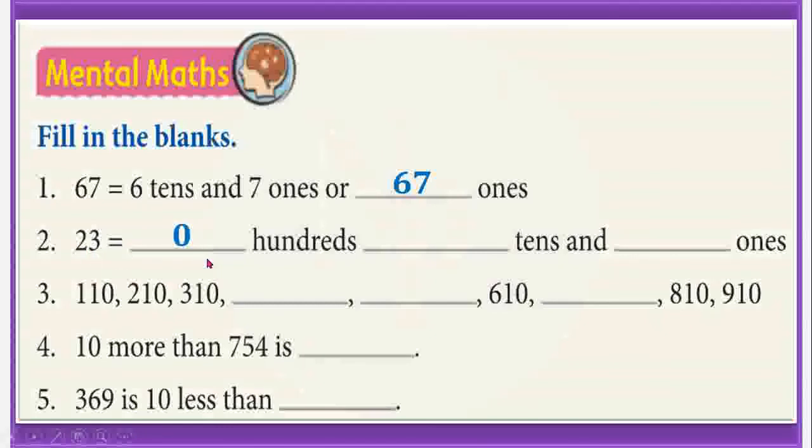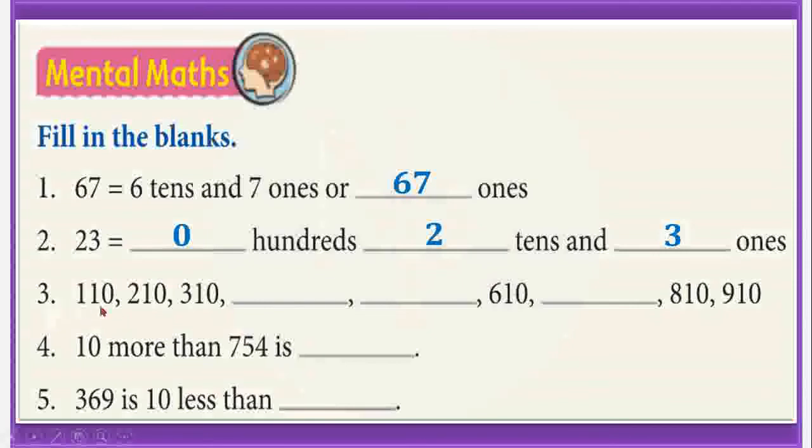And how many tens does it have? Since we have 2 in tens place, it has 2 tens. Write 2 in this box. And dash ones. How many ones does it have? It has 3 ones. Write 3 in this blank space.